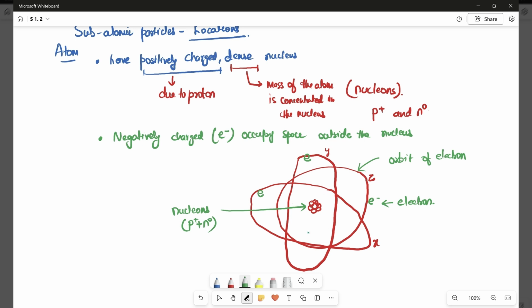Now, who holds all these? As we have seen, there is a negatively charged electron, so there is a force of attraction. We call it the electrostatic force of attraction.